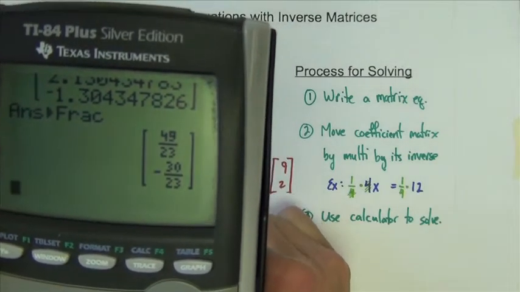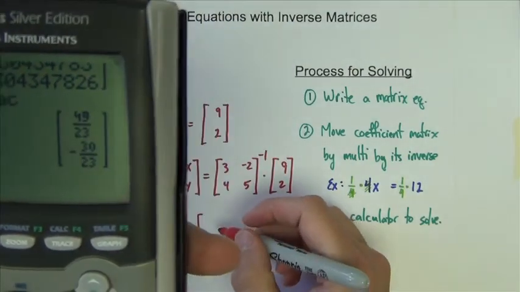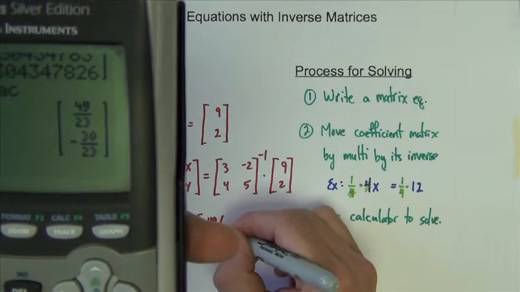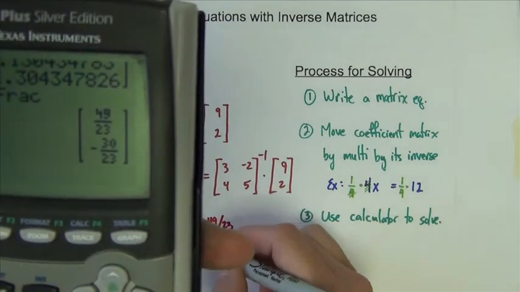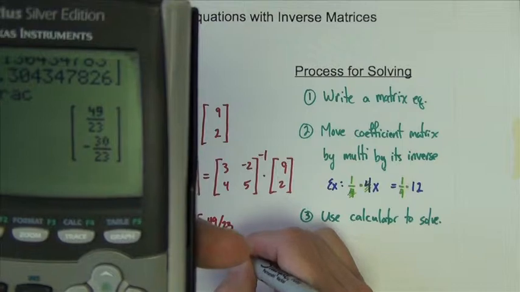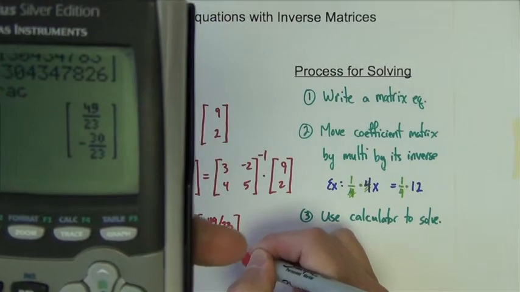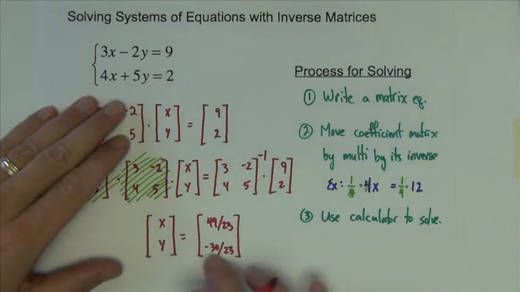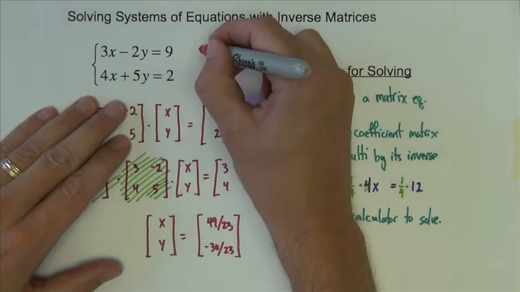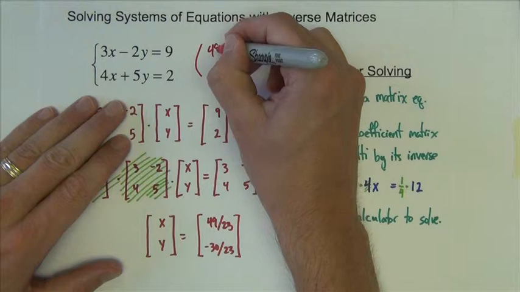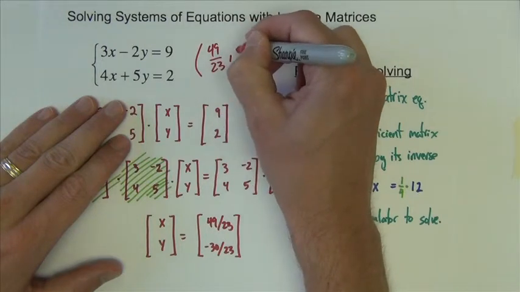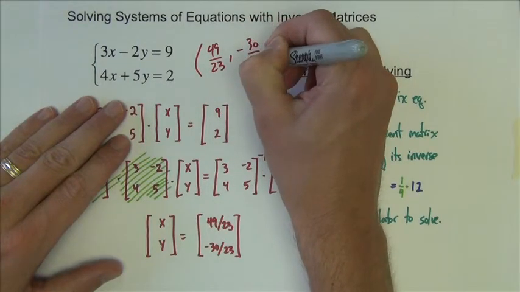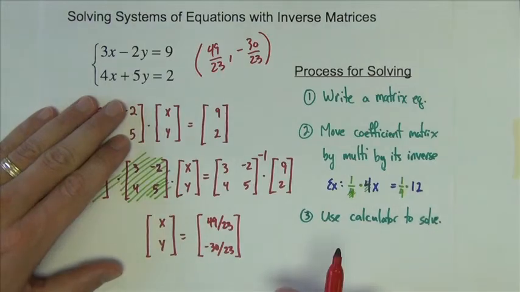We get 49/23 and -30/23. So that's the x, that's the y. That's my solution. If I want to write it as an ordered pair, 49/23, comma, -30/23. That's it.